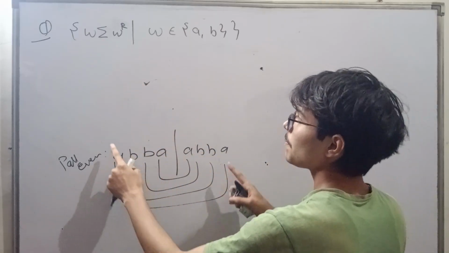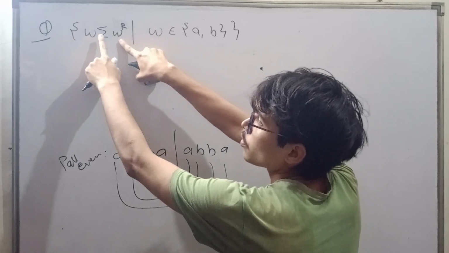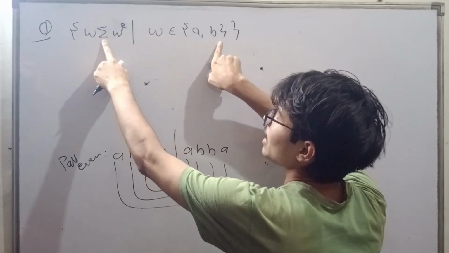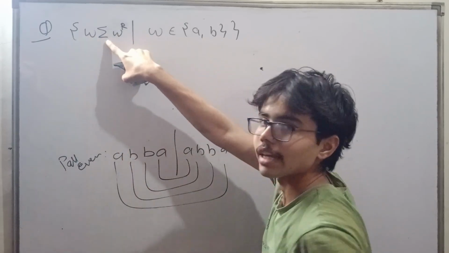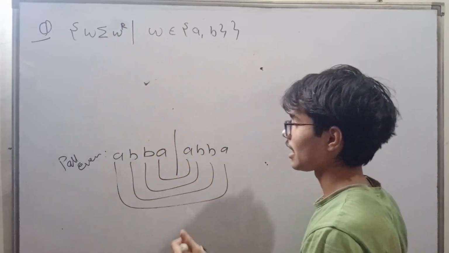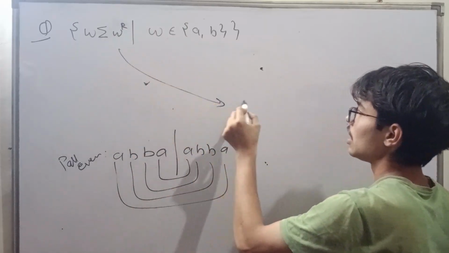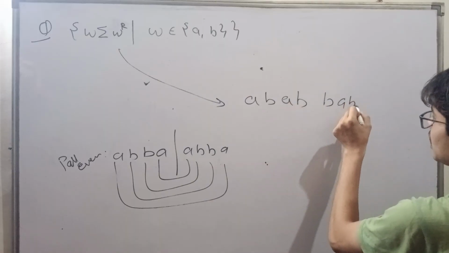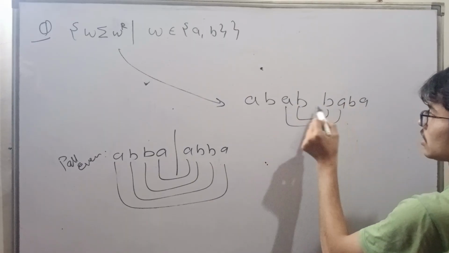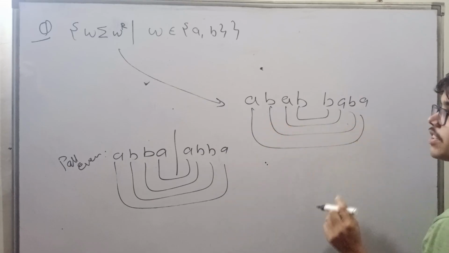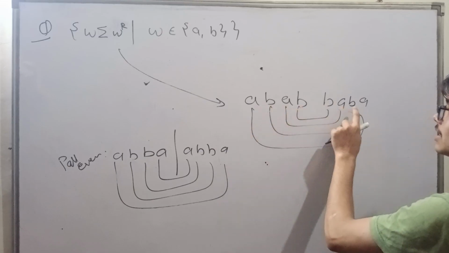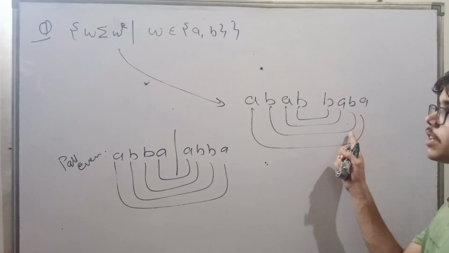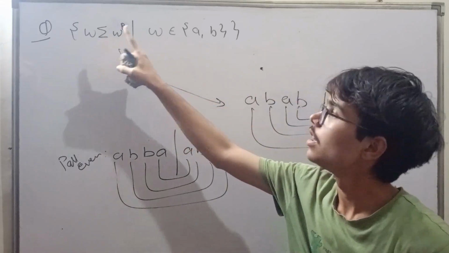As you can see, this generates an even palindrome, but you have to write any A or B from here. Like how this generates A B B A B A B, then B A B A. So this is a palindrome. This is an even-length palindrome: 1 2 3 4 5 6 7 8. But you have to write the sigma value from this.